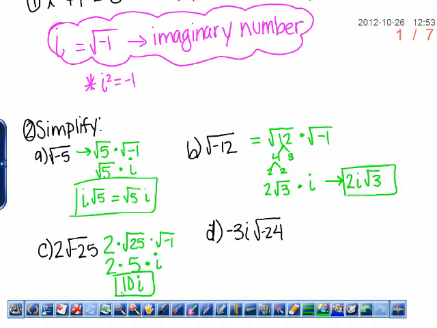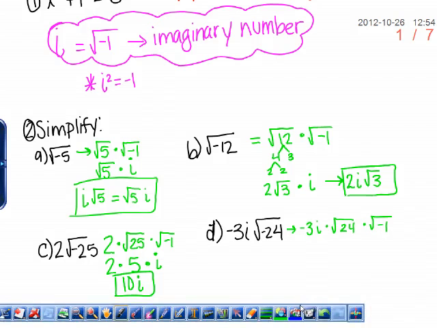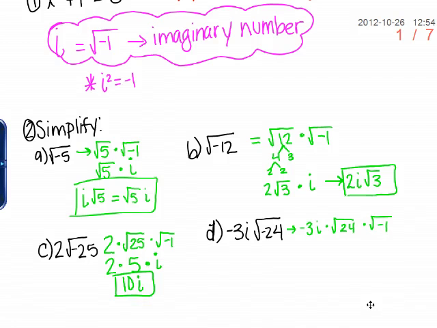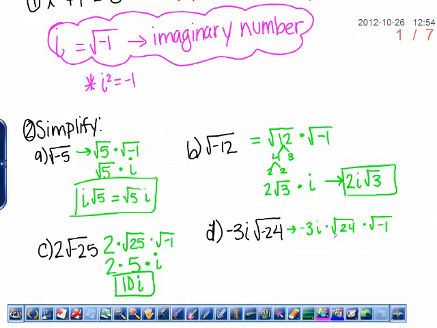Okay. Negative 3i times the square root of negative 24. So this is negative 3i times the square root of 24 times the square root of negative 1. How does the square root of 24 simplify? 6 and 4. 2 and 3. 2 and 2.